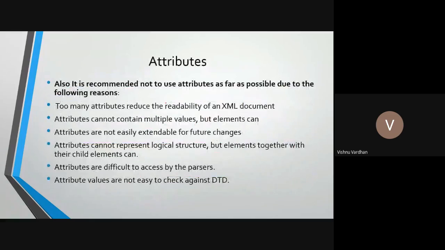Okay. It is also recommended not to use attributes as far as possible, for the following reasons. Too many attributes: there is no restriction on giving an element attribute 1, then attribute 2, then attribute 3, up to attribute 100. But if you stuff too many attributes into a given XML element, it will reduce readability.